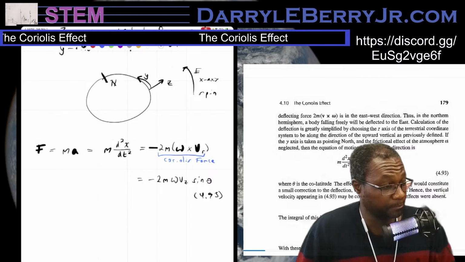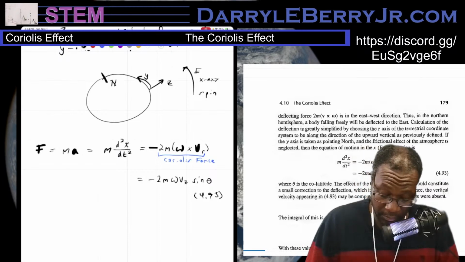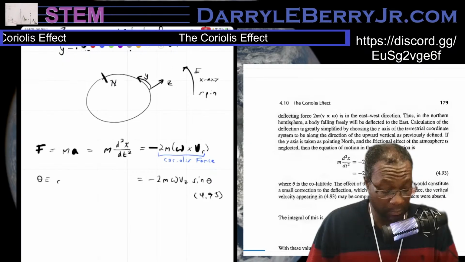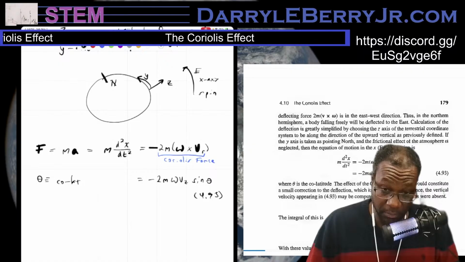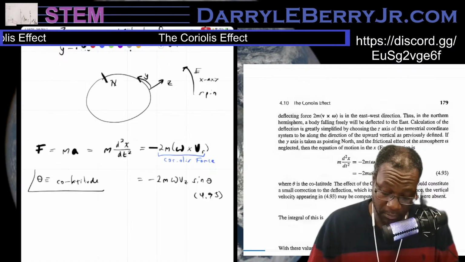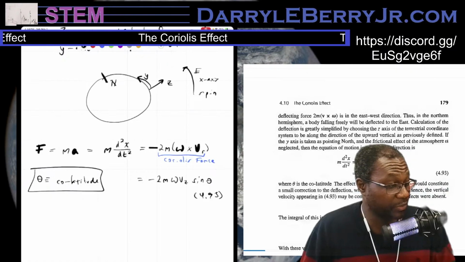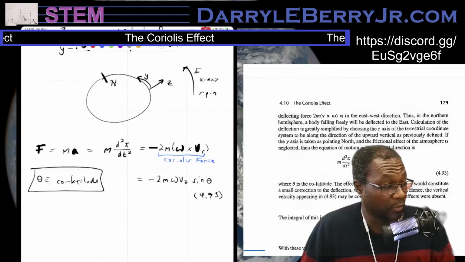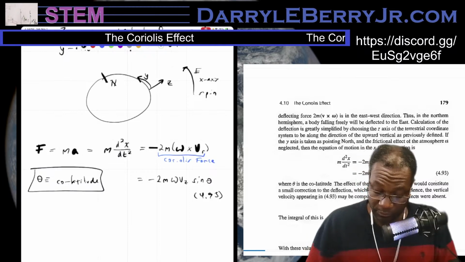Seems like an important equation, but theta is the colatitude. Right. The effect of the Coriolis effect on Vz will constitute a small correction to the deflection, which itself is very small. Hence, the vertical velocity appearing in 4.93 may be computed as if Coriolis effect were absent.